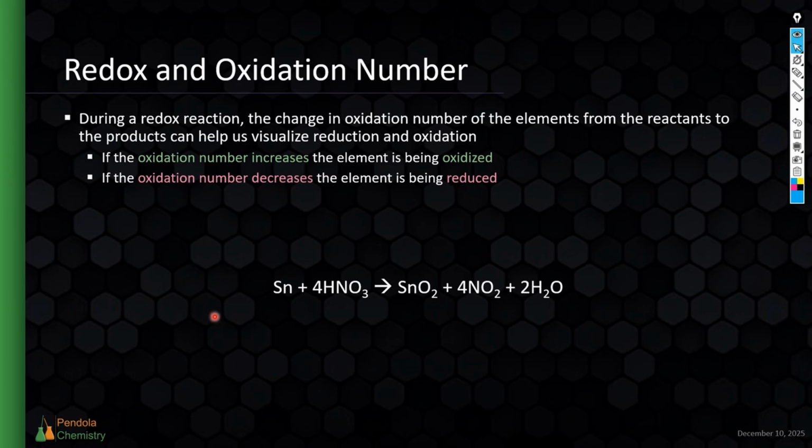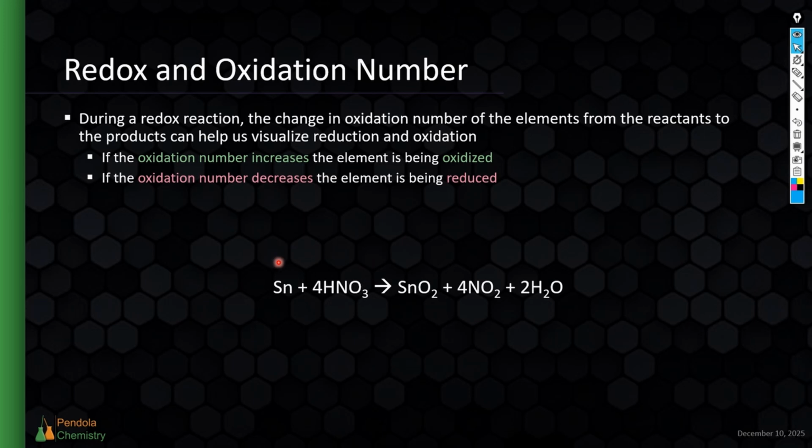In redox reactions like the one we have here, one element is going to be reduced and another element is going to be oxidized. That does not mean that there's only two elements. For example, in this reaction, there's tin, hydrogen, nitrogen, and oxygen. There are 4 elements in total. Only one of these 4 elements is going to get oxidized. Only one of these elements will get reduced, and the other 2 simply don't undergo either.